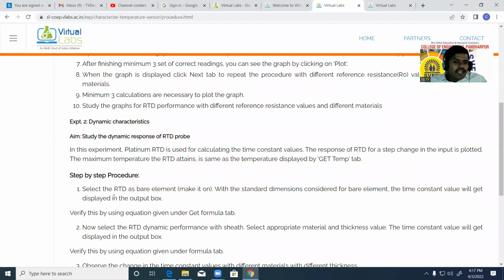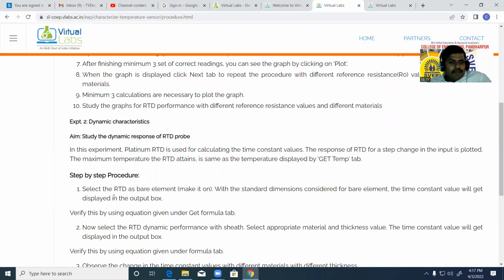It is used for calculating the time constant value. Only for calculating dynamic characteristics, we are considering only platinum material. So the response of RTD for step change in the input is plotted.